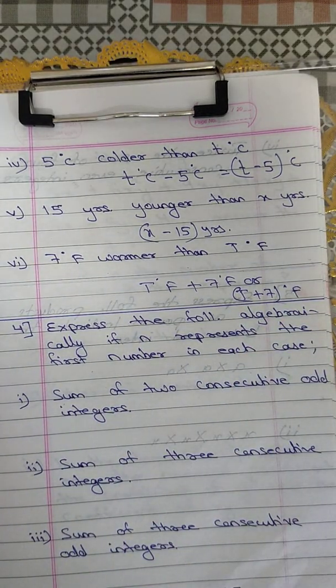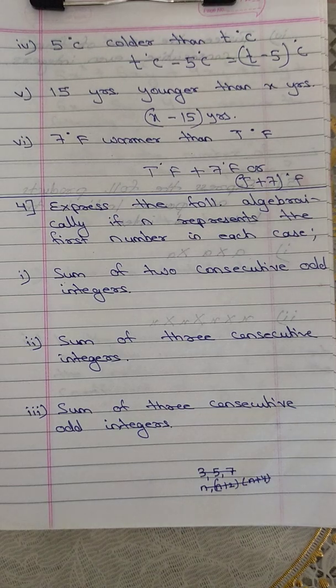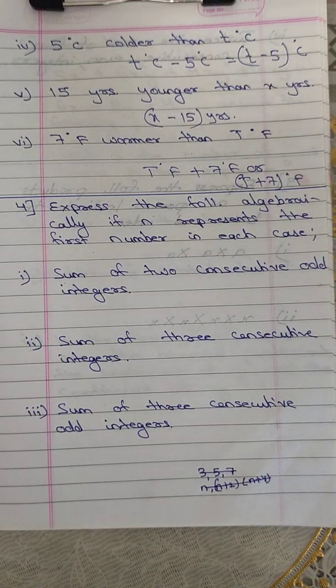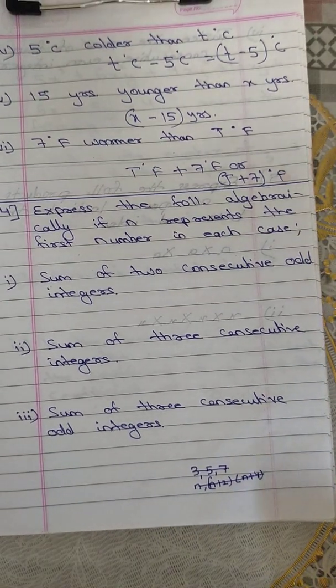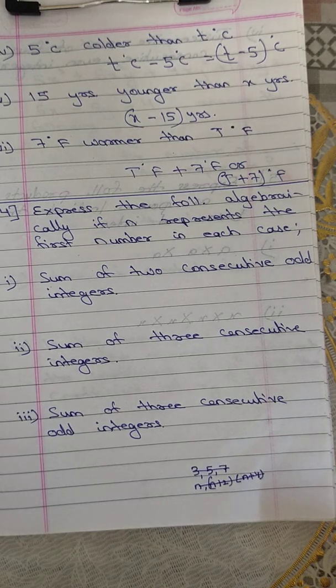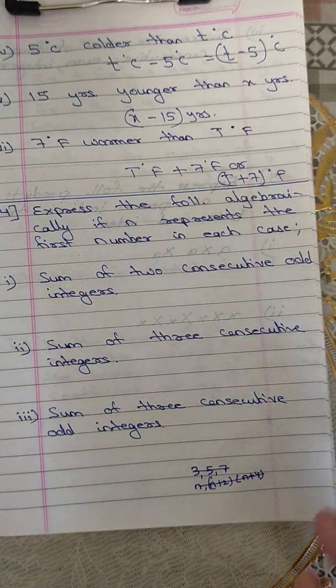Okay. Now next question we have to express again into algebraic expression, but a little bit different. We have to just assume something here. Let's start with the first question. Here we have to take the variable as n. It's given in the question. Sum of two consecutive odd integers. What are odd integers? Tell me. Odd integers are numbers like 1 and 3, 7 and 9.